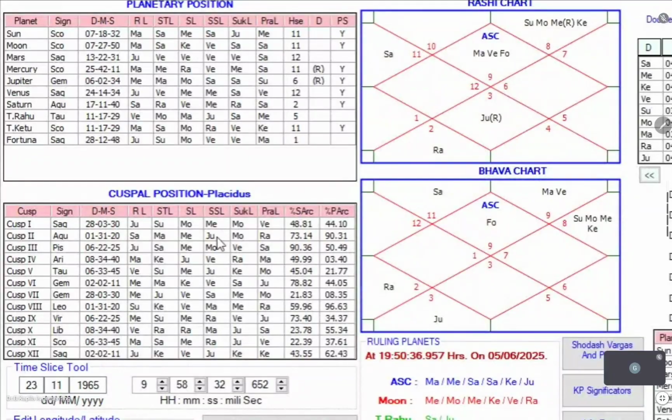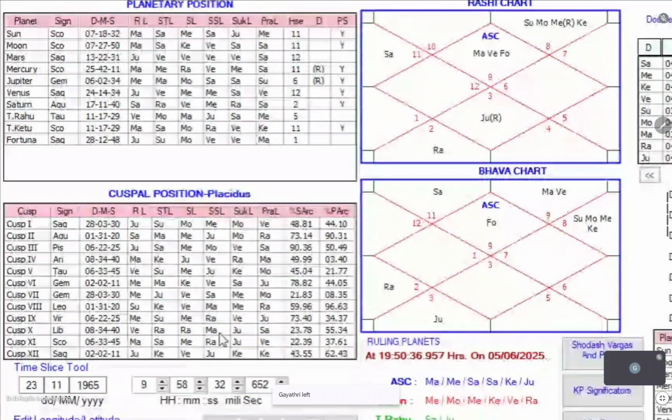Then the special rule I pointed out: if the ascendant sub-sublord has got PS, Mercury here has got PS, right? And that particular planet appears as a co-ruler of the 10th cusp, then also it satisfies the rule. This rule is given in the book.